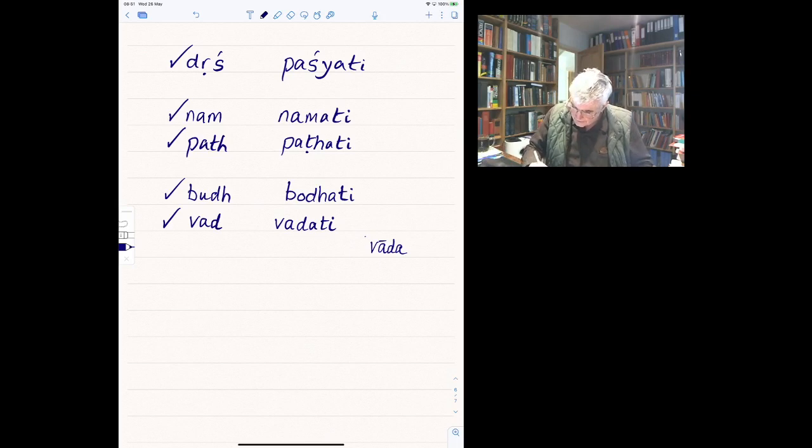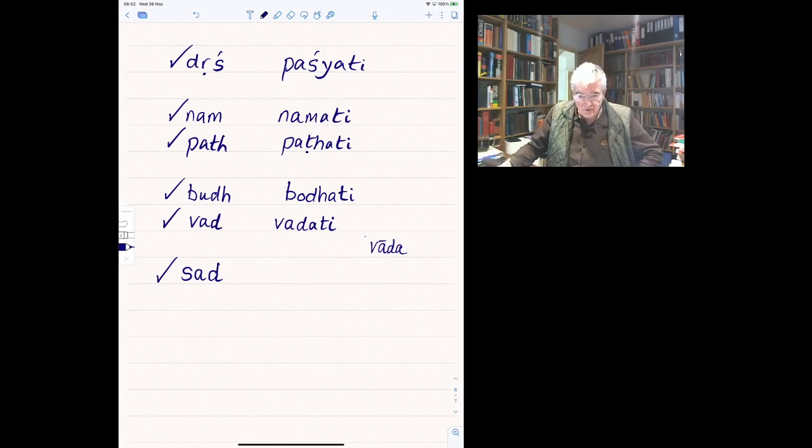And finally, in this list here, sad, meaning to sit, also has the meaning of to sink down. Sad actually is cognate, of course, with our English word sit, and the Latin sedere, and so on.